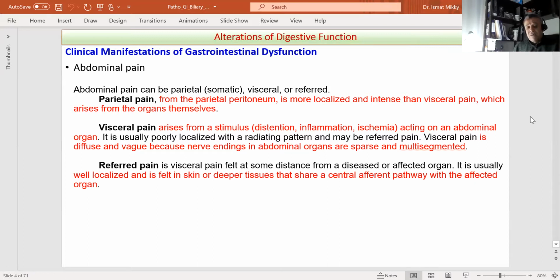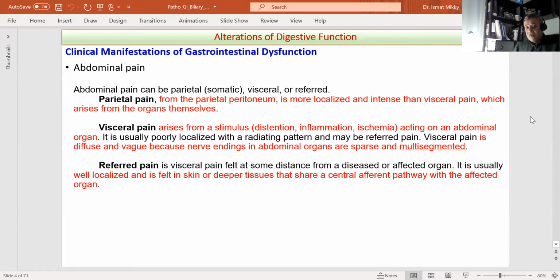For example, patients who develop acute cholecystitis, which is the inflammation of the gallbladder, may experience pain referred to the right shoulder or scapula, even though we know the gallbladder is located in the upper quadrant of the abdomen.